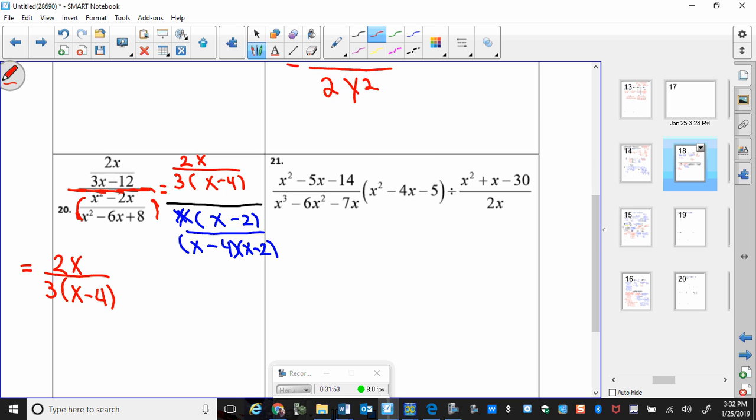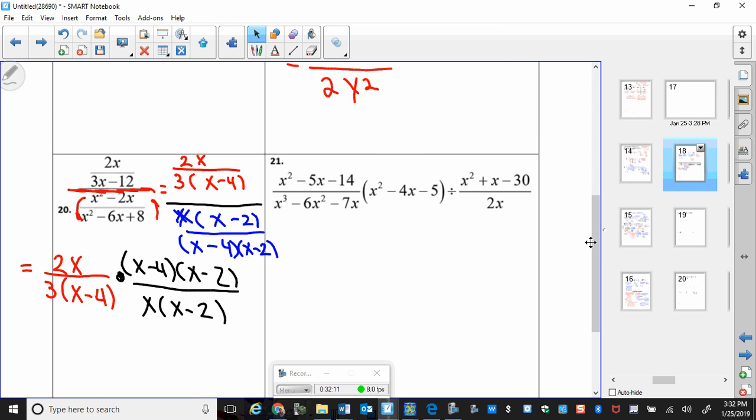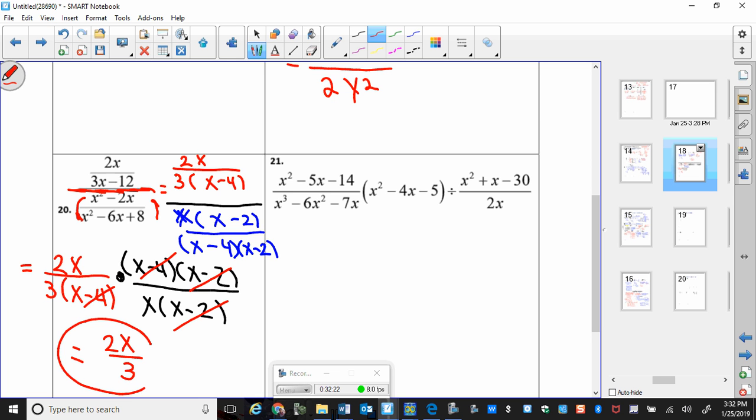And remember, when you're dividing a fraction by a fraction, the second fraction or the bottom fraction flips. So times x minus 4, the factored form, x minus 2, over x times x minus 2. Simplified, these cancel, these expressions cancel, and I'm left with 2x over 3. Such a big expression and a small simplified answer.